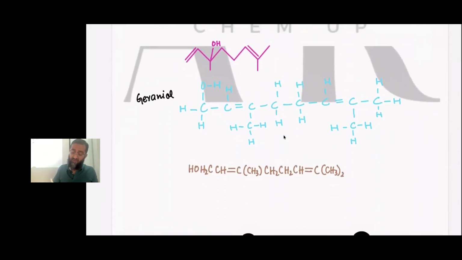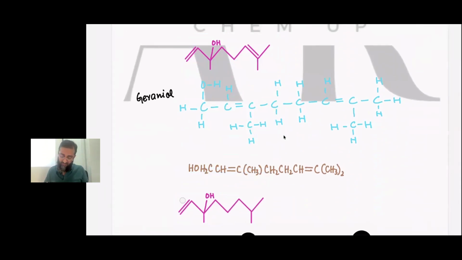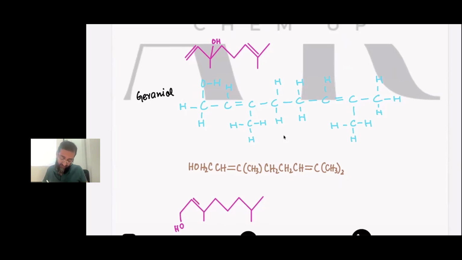Okay. Now if I go for its skeletal formula, so OH would be on first carbon. So I can write it like this as well, or I can write it in the zigzag orientation as well. Then we have a double bond.